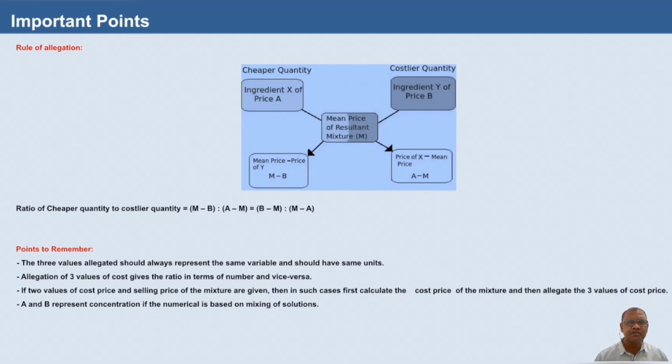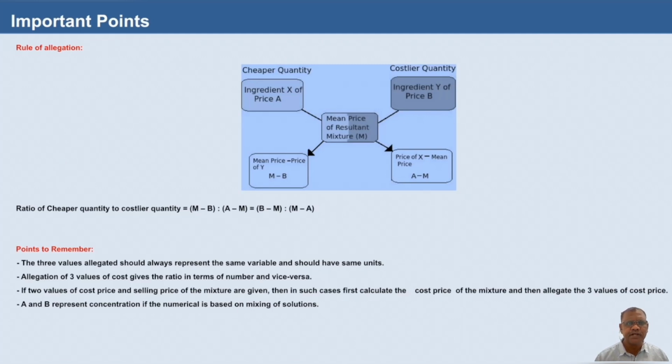The points to remember: the three values allocated should always represent the same variable and should have the same units. Allegation of three values of cost gives the ratio in terms of number and vice versa.